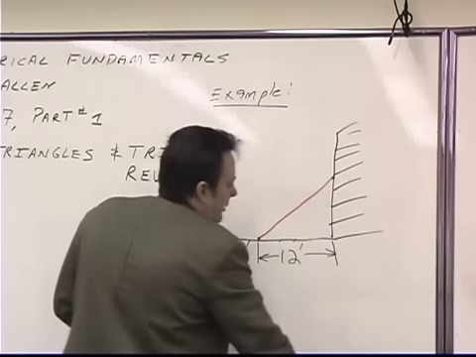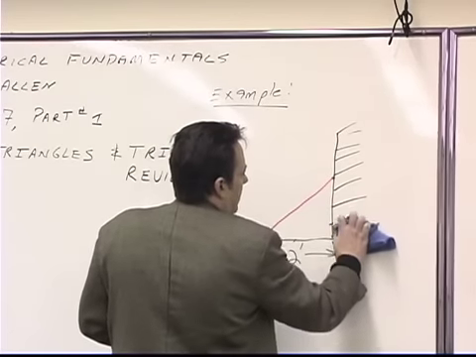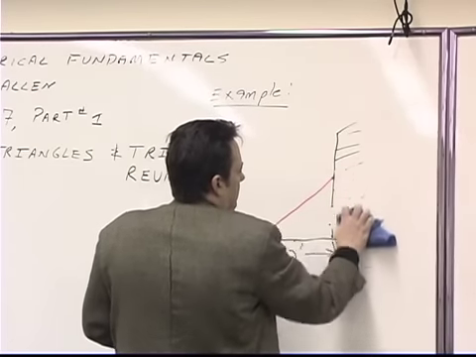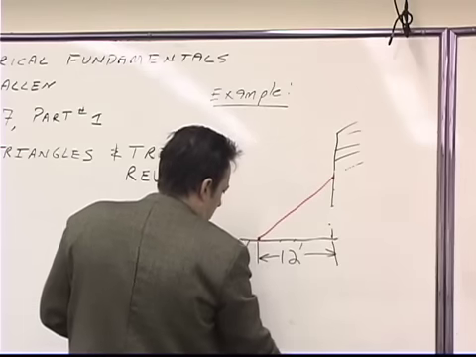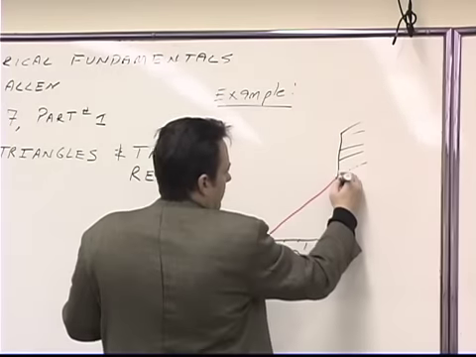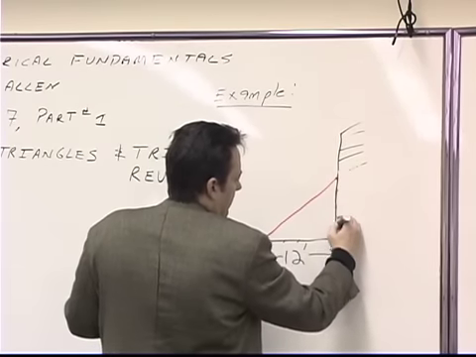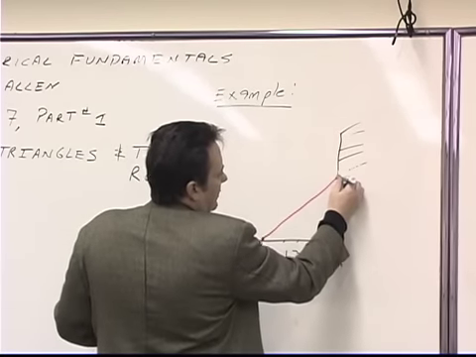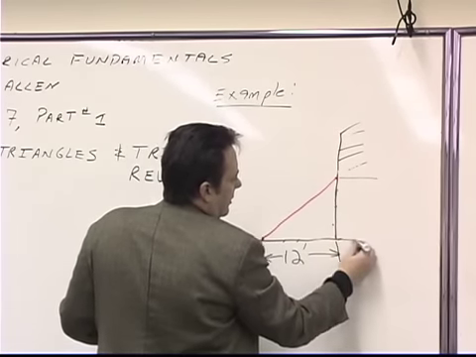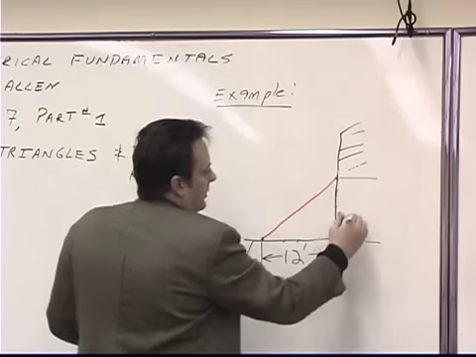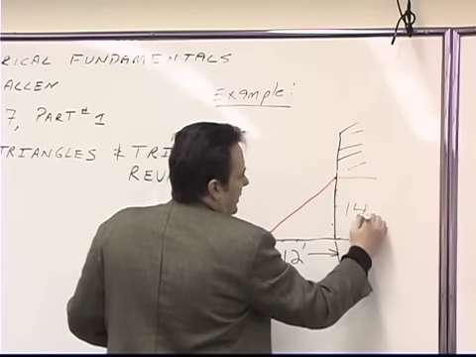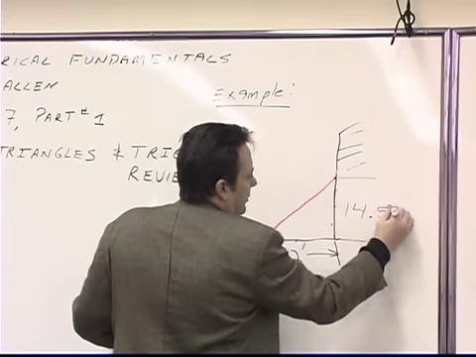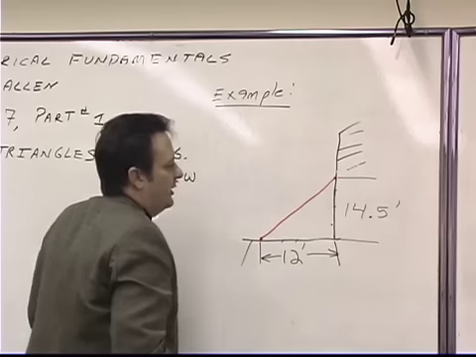Okay? And then in a similar manner, I came over to the side of the wall, and I found that this distance right here turned out to be 14.5 feet.